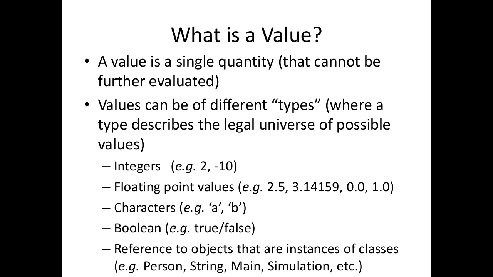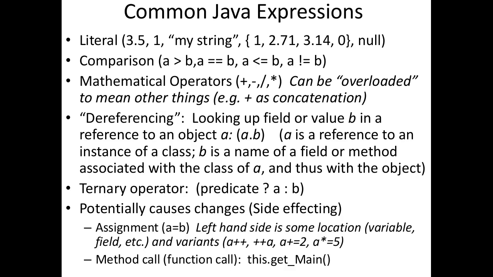We could take two values and add them together, for example. In order to do that, we make use of what's called, confusingly by computer scientists, an expression. An expression is something you might call informally a formula, or you might call it a sort of calculation. Okay, so an expression might be like A plus B. That's an expression.